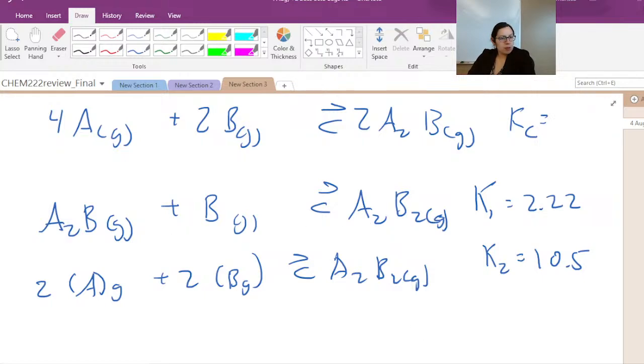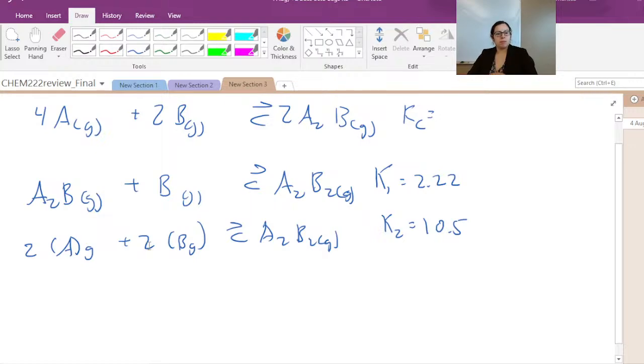So how are we doing on this problem? I've gotten to a point where I know that we have to flip one of the equations so that A2B2 cancels out on both sides.